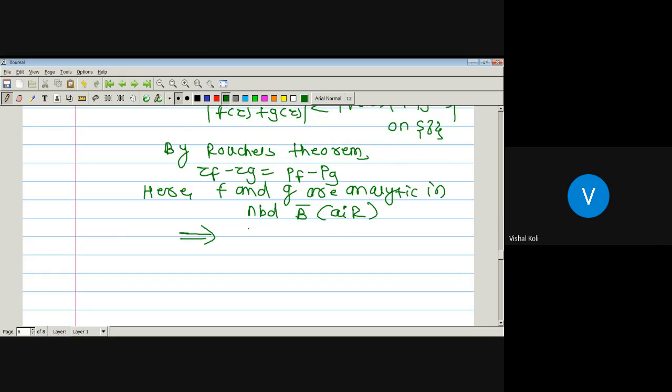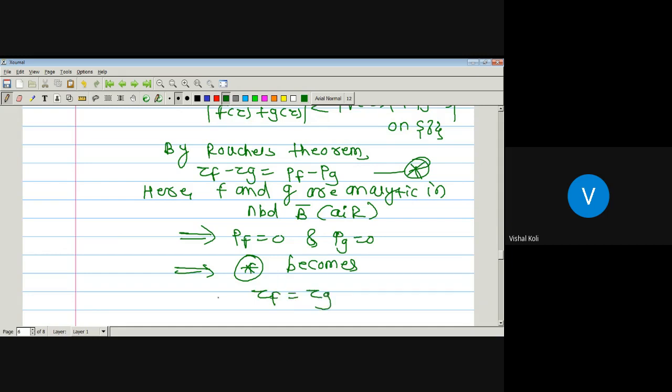As they have no singular points, then there is no pole. It means Pf is equal to 0 and Pg is also equal to 0, which implies this star becomes Zf is equal to Zg.